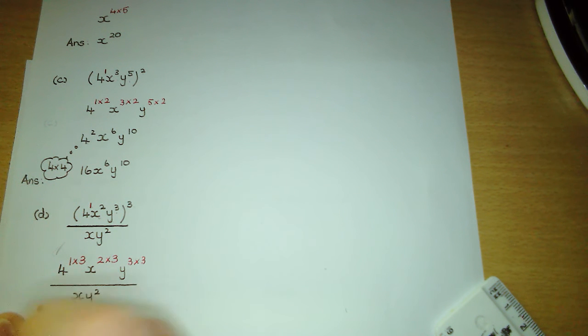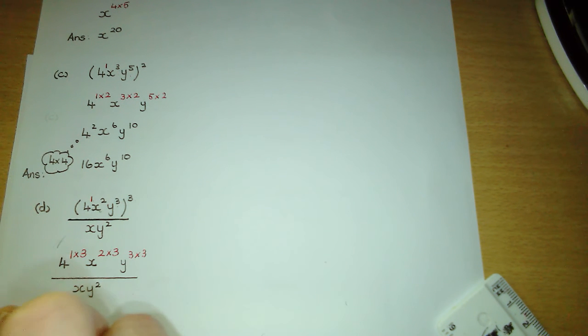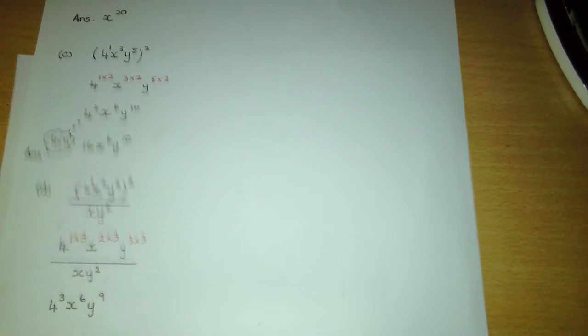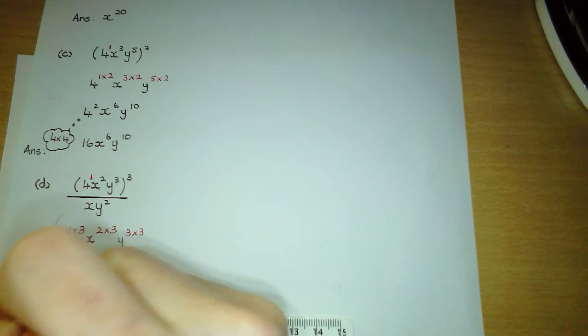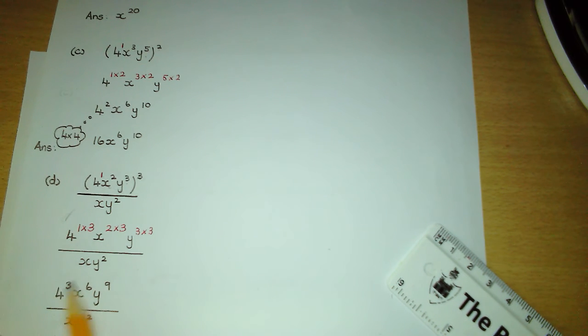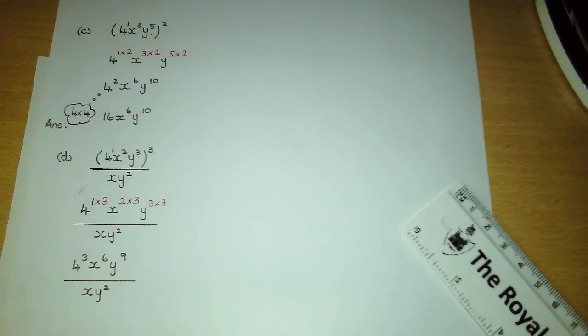So we've got 4 to the power of 3. And then we have x to the power of 6. And then we have y to the power of 9. And that's all over xy squared. Now, we're going to rewrite the fraction as a division.